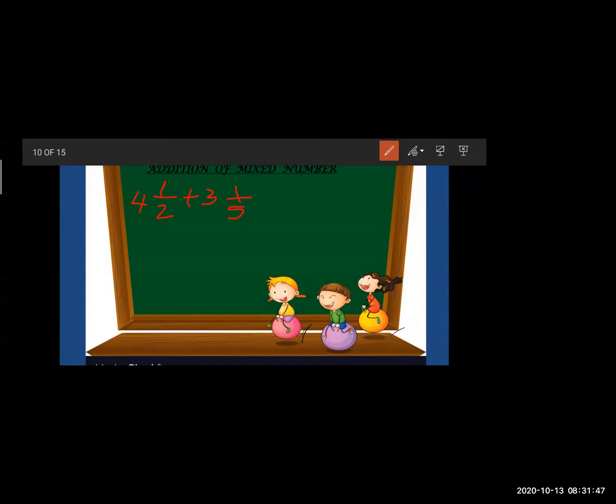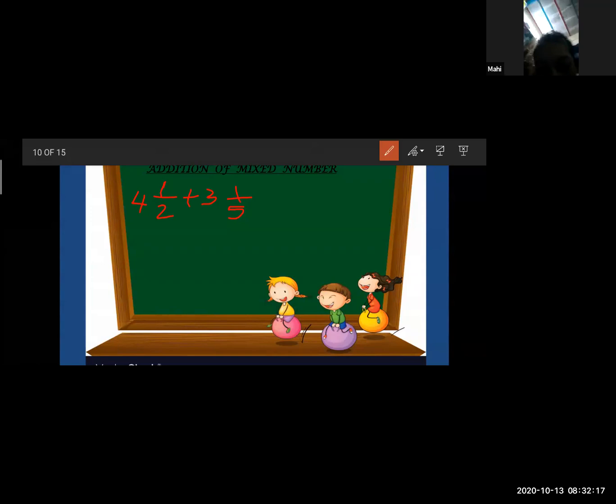Here also, if you all observe, you will get both the denominators are different. Okay, so first we will convert mixed number into an improper fraction. Can anyone tell me what will be our improper fraction? Just do it in your mind mentally and tell me the answer. What will be the answer of 4 1/2? What will be the improper fraction of that? Yes, bolo.